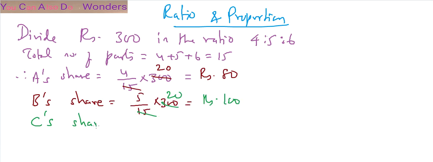C's share will be 6 out of 15. So 6 by 15 into 300, which is equal to rupees 120. 20 into 6, 120.